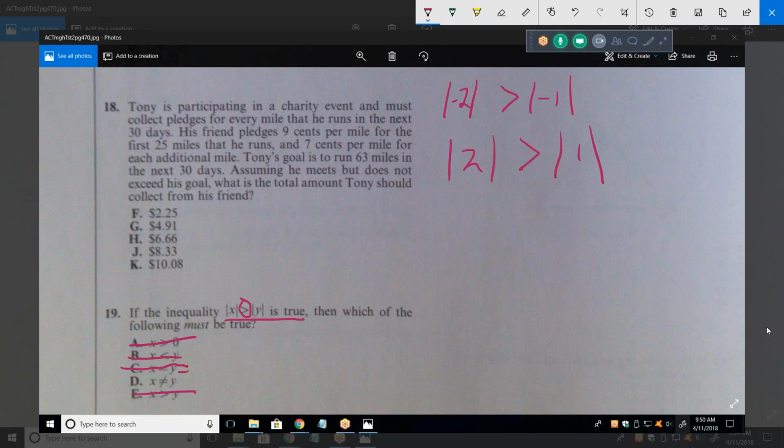So this is the only thing left. x has to be a different number than y. Notice that no matter what I choose, if I choose the same number, -13, that is not a true statement. So my numbers have to be different. That's the only way that can be a true statement, is if x is different than y, which means x is not equal to y.